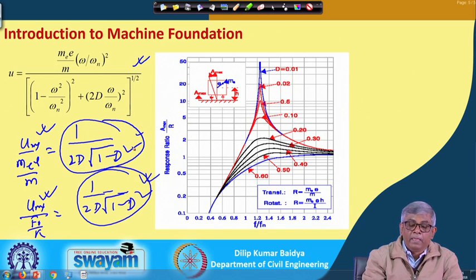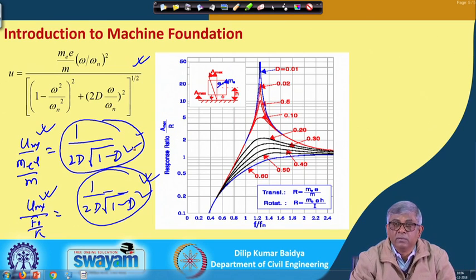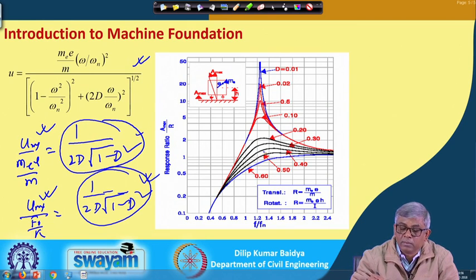From this figure, again you have to observe a few things. You can see that with the increase of frequency ratio, which is nothing but omega over omega n, the amplitude is increasing and reaching a maximum value, which is called resonance, and again it is decreasing. And with the increase of damping from this direction, you can see the amplitude is decreasing. The third observation is what?